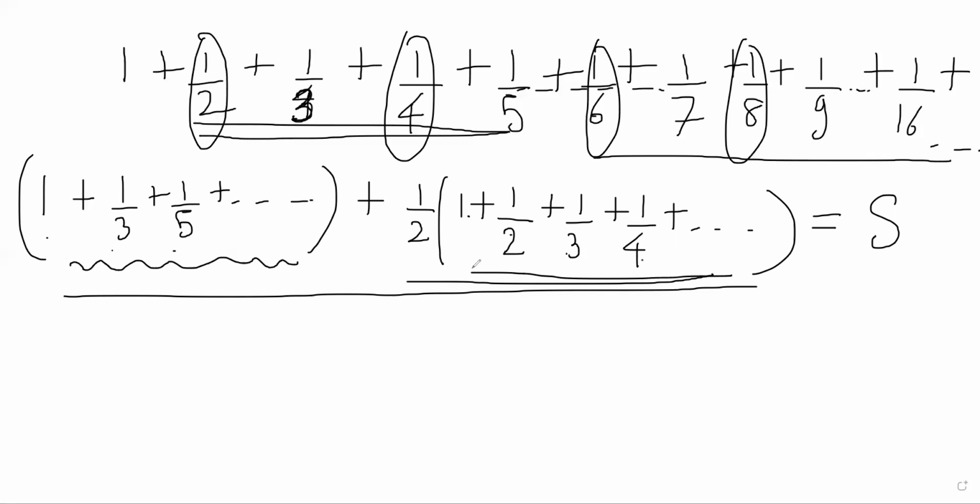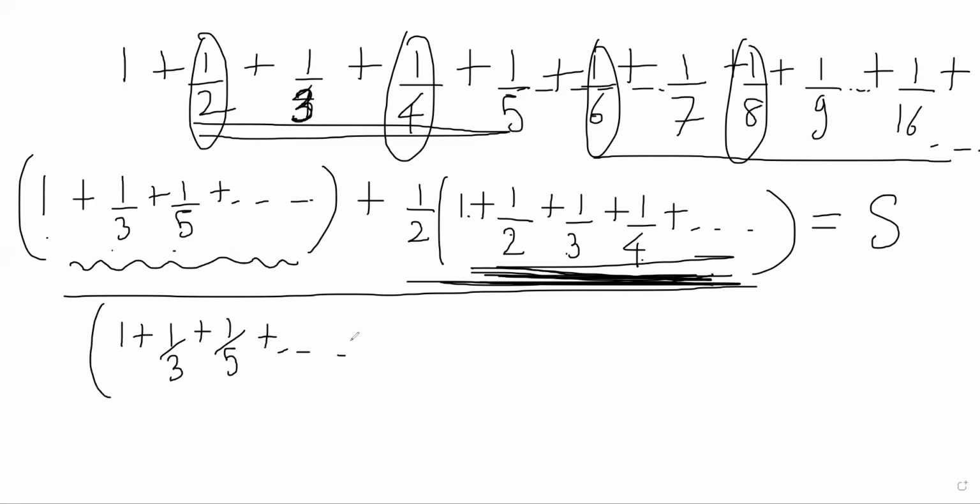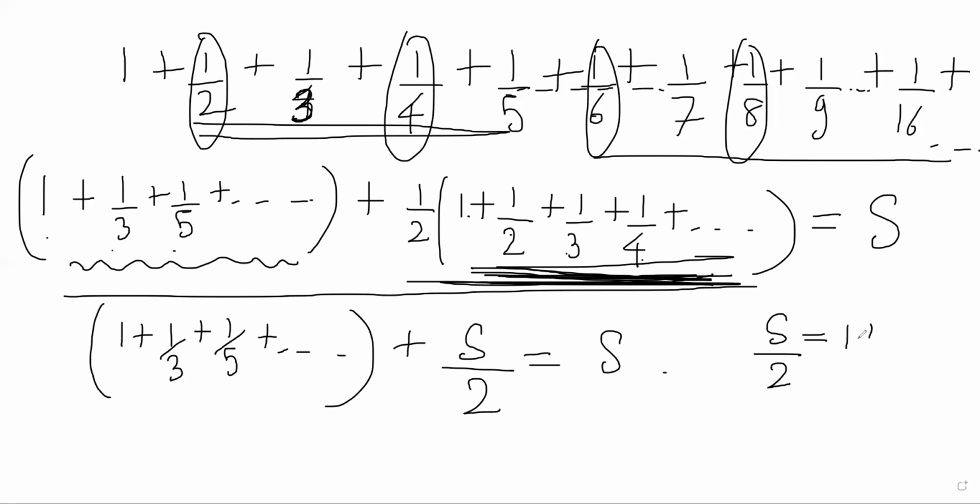Now notice that this common thing is the original series only, right? So what are you getting? 1 plus 1/3 plus 1/5, so on, which is only odd terms, plus original series by 2 is equal to S. So you're getting S by 2 is equal to 1 plus 1 by 3 plus 1 by 5.